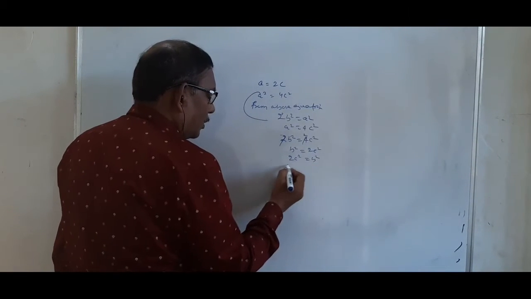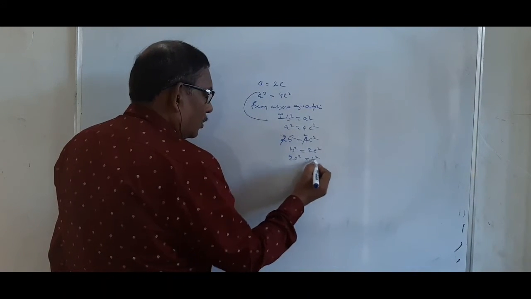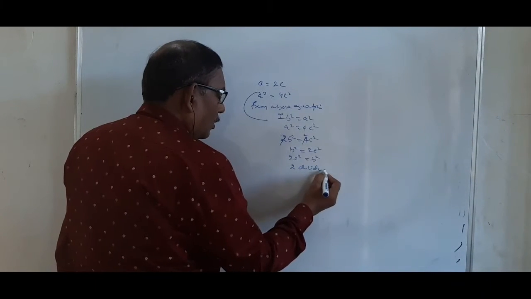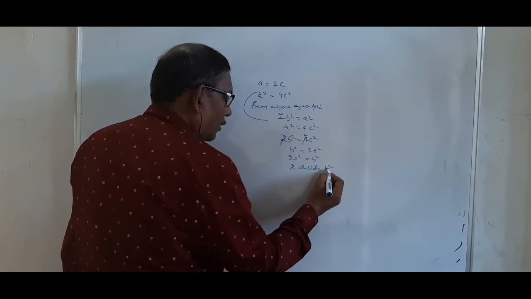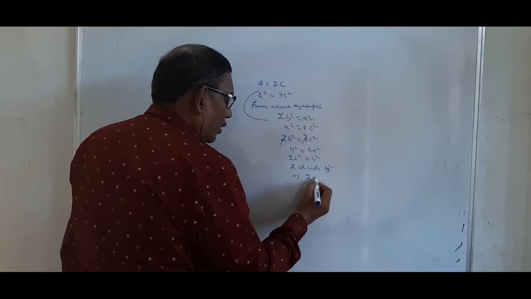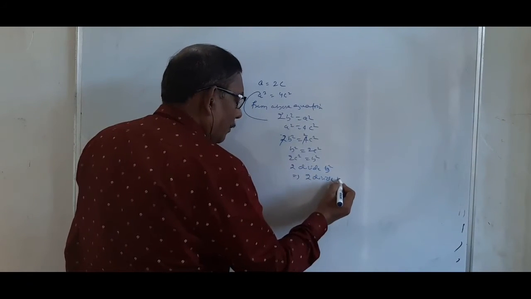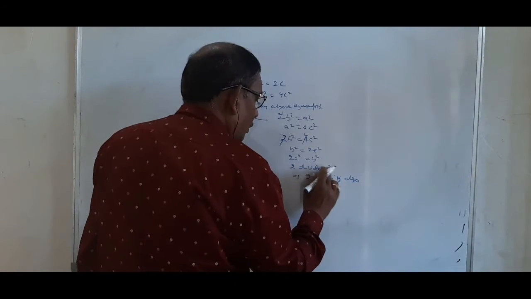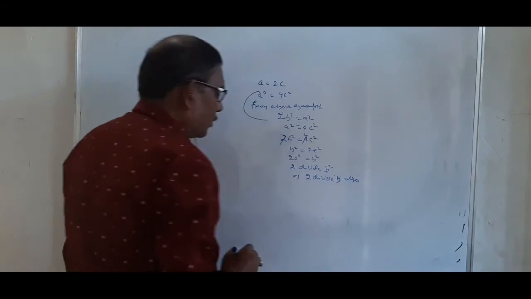Okay. So 2 divides b square, that is, 2 divides b also.